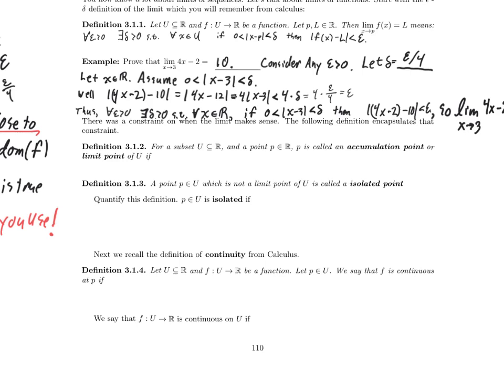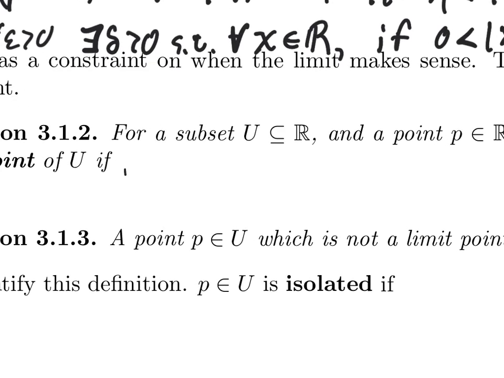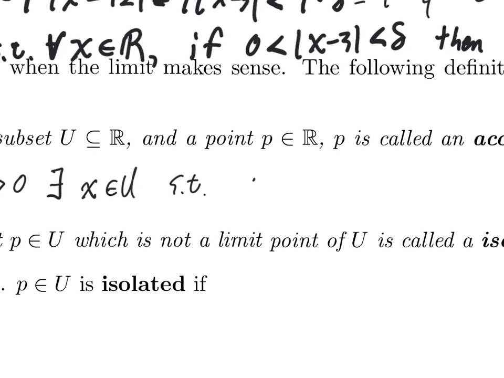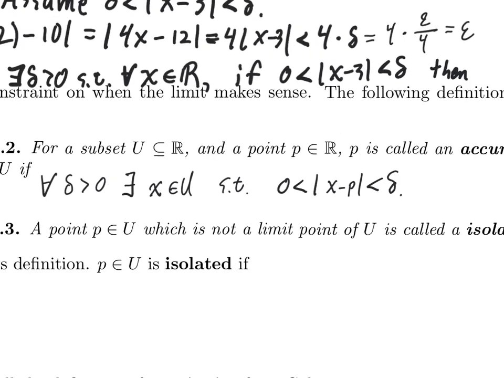For a subset U and a point p, I will call p an accumulation point or limit point of U if for every delta bigger than 0, there exists an element x of U such that 0 is less than the absolute value of x minus p is less than delta.